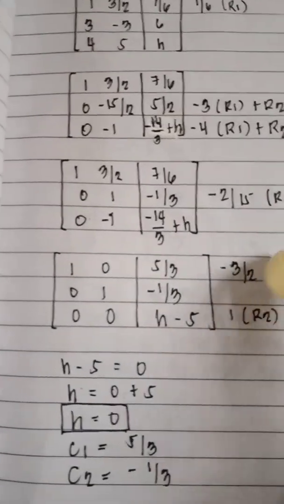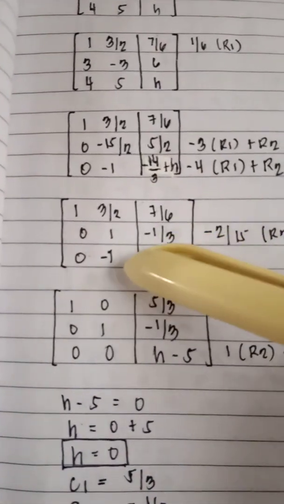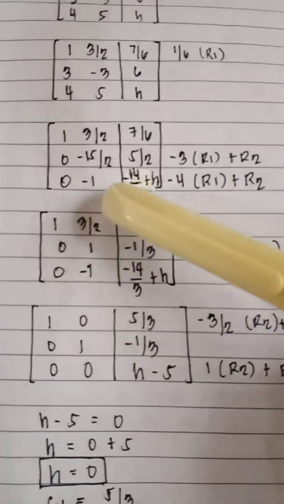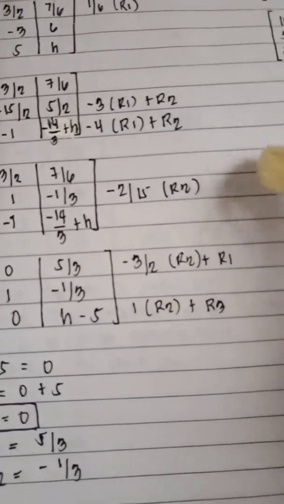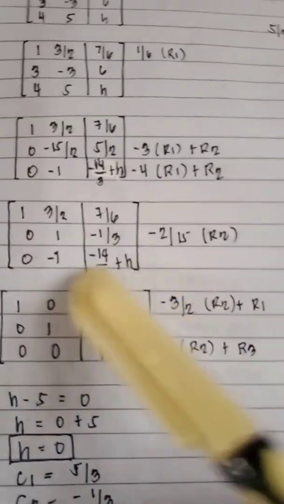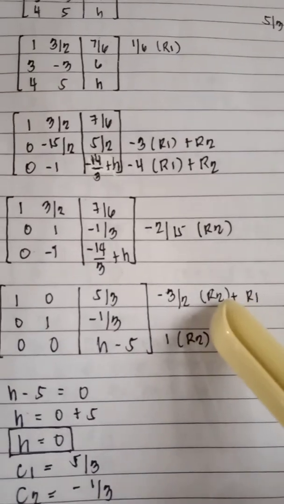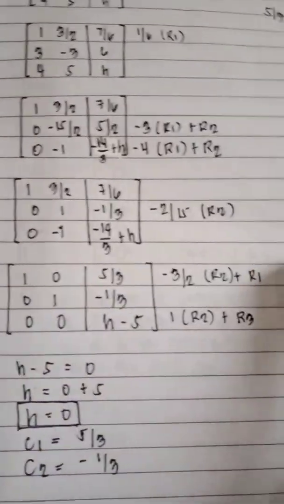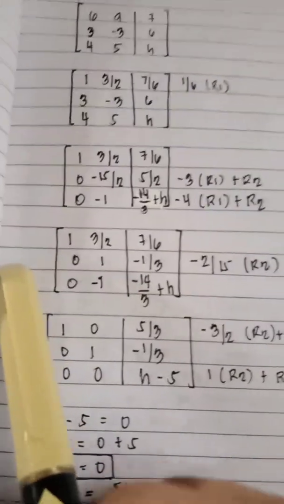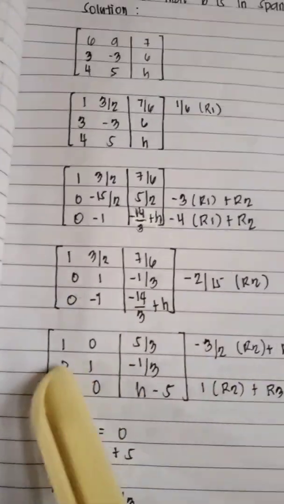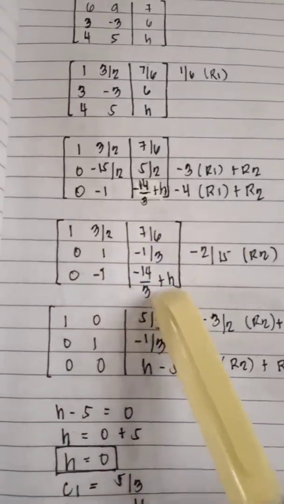Now, we will make this 3 over 2 and negative 1 into 0. In order to do that, the formula for row 1 is negative 3 over 2 times r2 plus r1. In row 3, 1 times r2 plus r3. First, we will just copy row 2, which is 0, 1, negative 1 over 3.